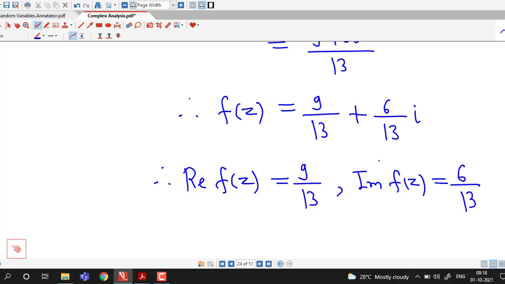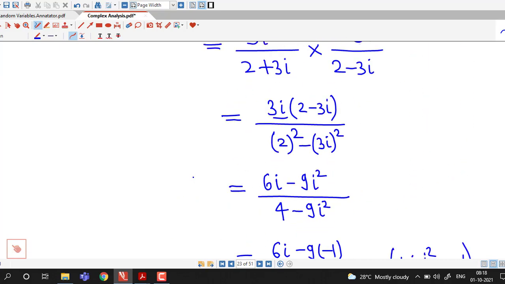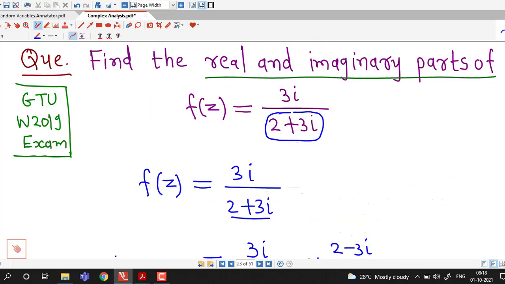Imaginary part of a complex function means the coefficient of i, and real part means that portion which is not multiplied with i. So these are the real and imaginary parts of the given complex function. It is very easy to decide.